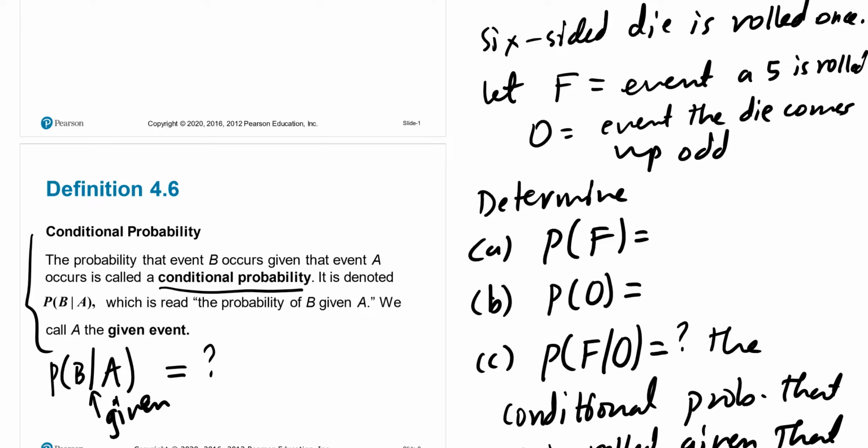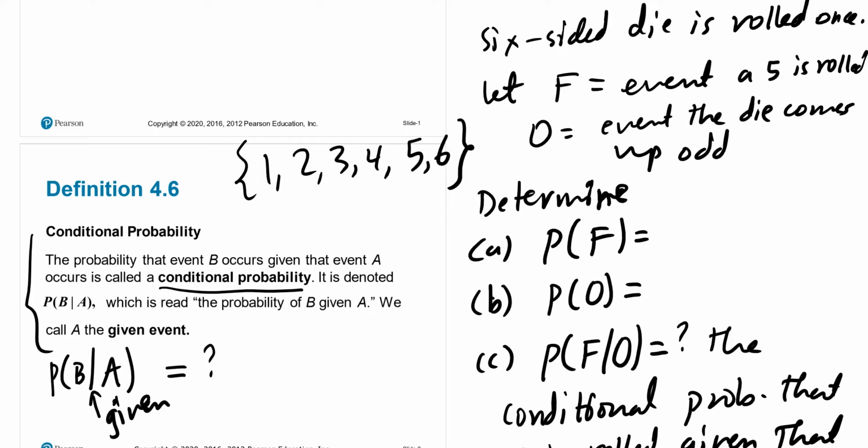A six-sided die is rolled only once. We let F be the event that a 5 is rolled, and O the event that the die comes up odd. When we roll a die, it could be 1, 2, 3, 4, 5, or 6; these are the only options we have. We would like to determine the probability of F, meaning the probability of rolling a 5.